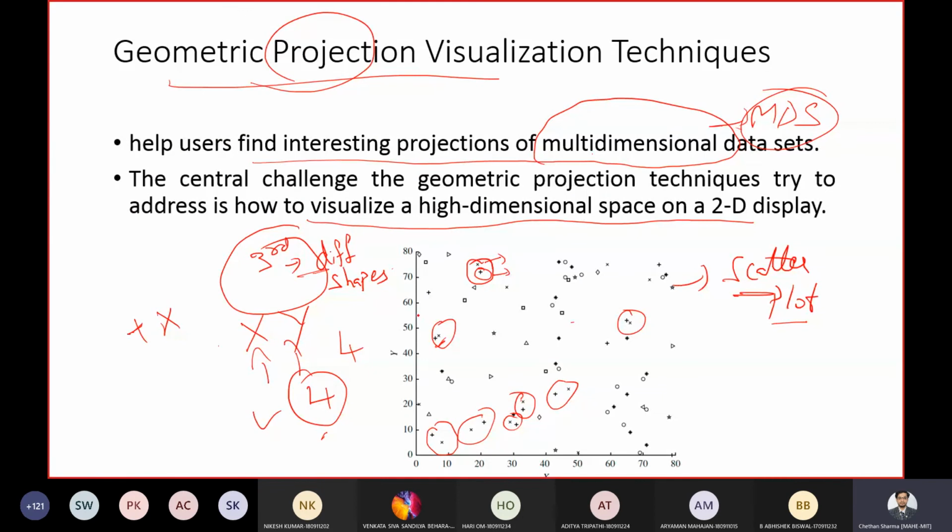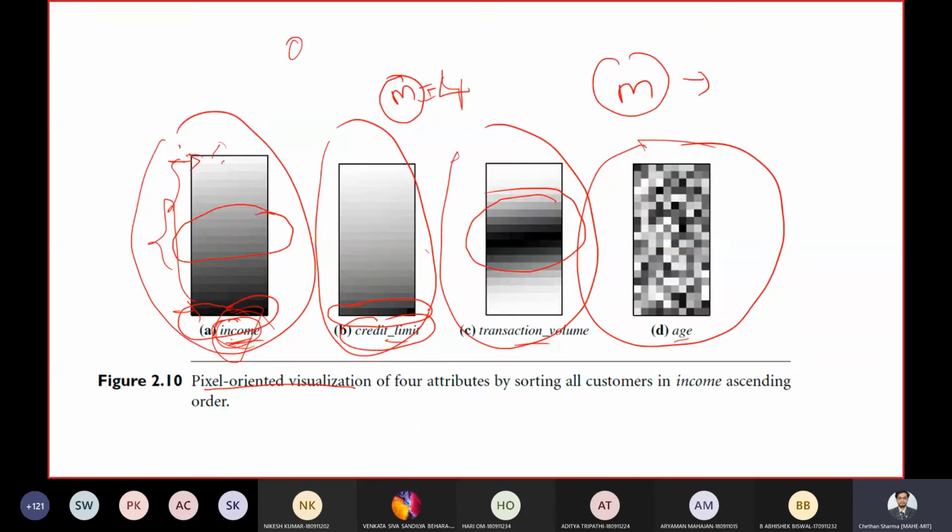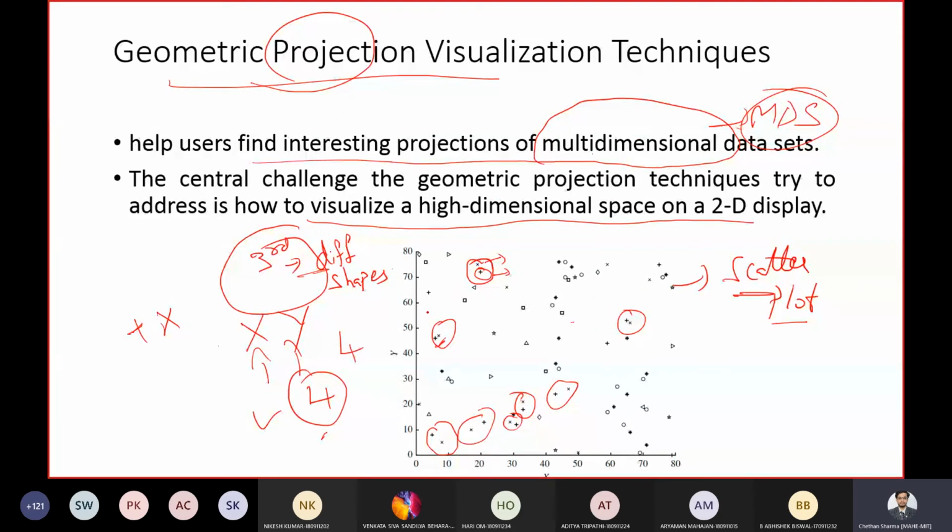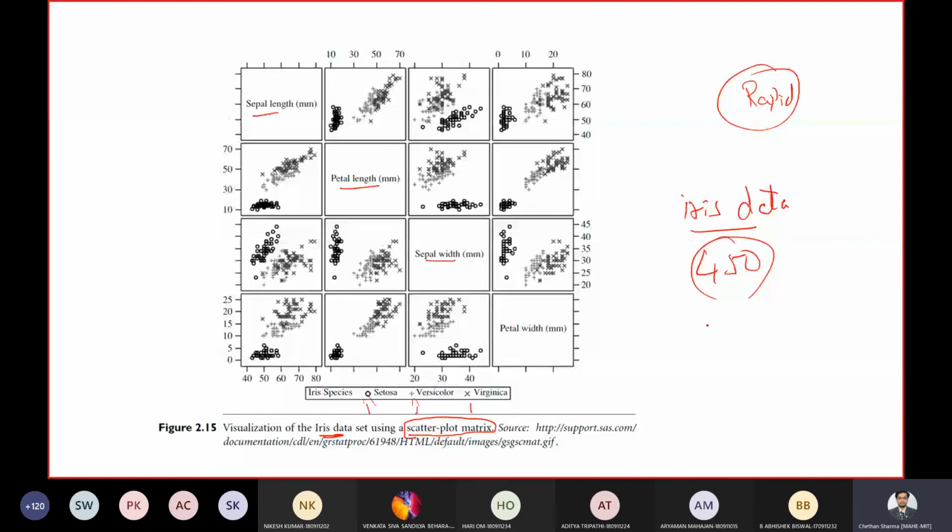So, if the data is multidimensional, or if you want to see the data in a multidimensional space, you will be using geometric projection, for which you will be using a scatter plot. But if the data set contains 4 or more dimensions, this scatter plot might not work, or rather it will be ineffective. So in that case, we will be using the scatter plot matrix.